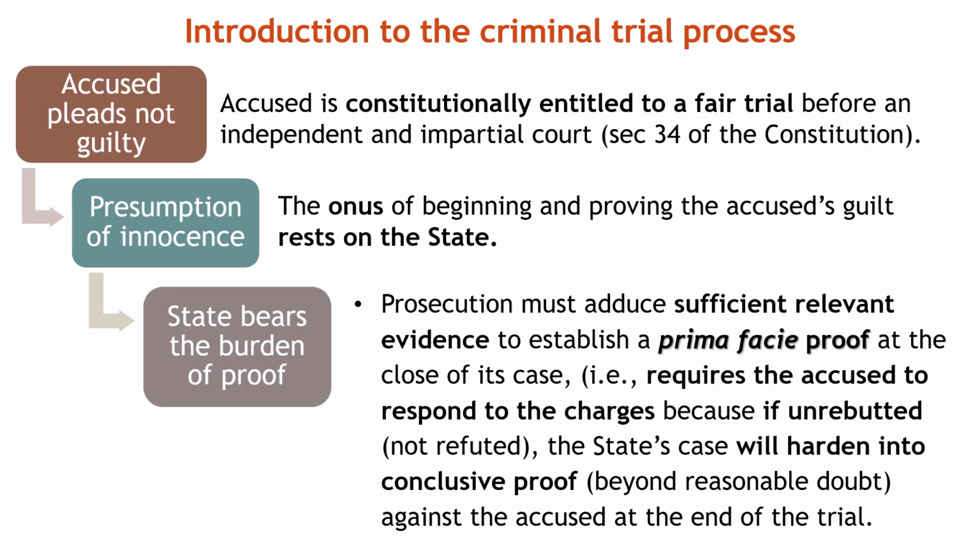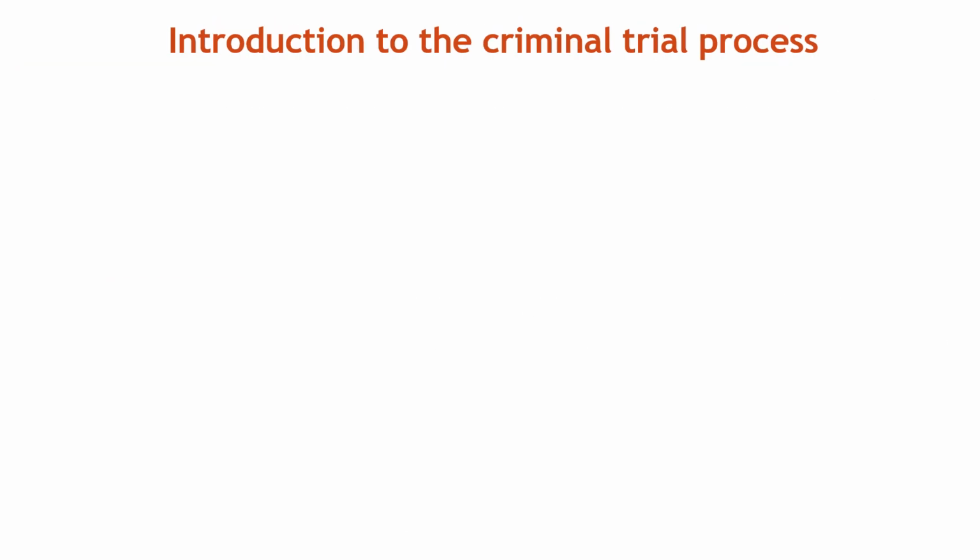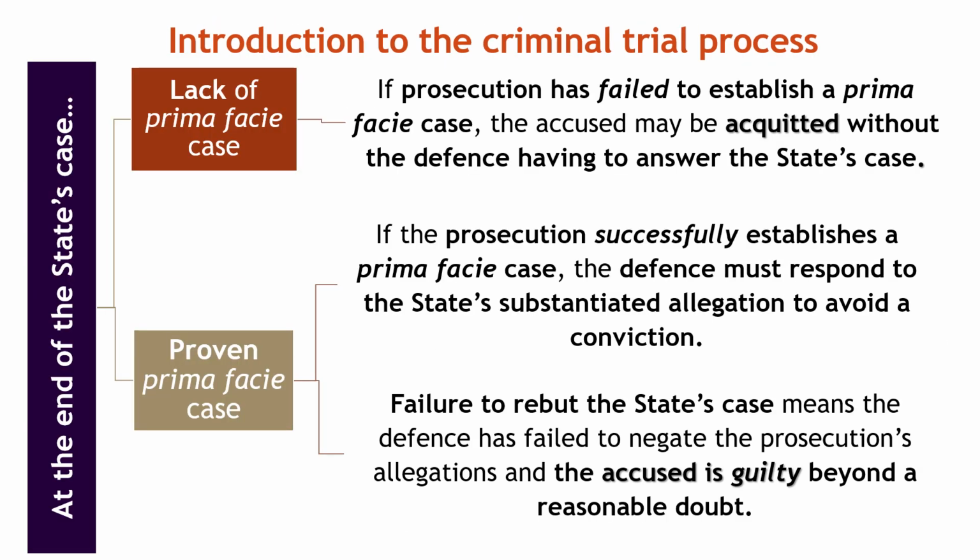And so that is part of the process that must be unpacked during the different stages or phases of the criminal trial. As a consequence of the presumption of innocence, the accused cannot be convicted unless the court has considered both sides of the case and is satisfied that the accused is guilty beyond reasonable doubt.